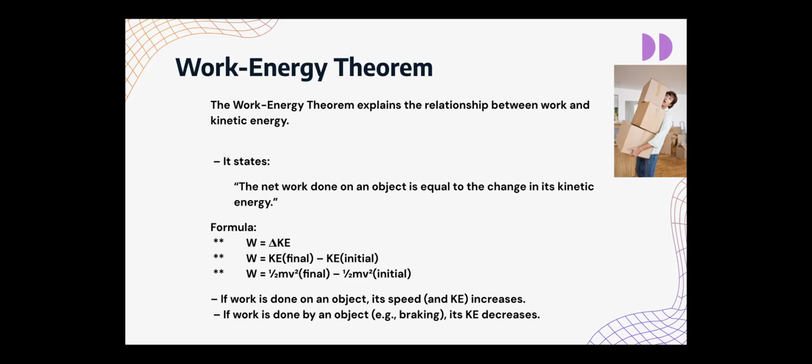Because if a ball has a final kinetic energy of 8 joules, and its initial kinetic energy was, let's say, 2 joules, right? The work done on that ball is 6 joules, correct? So if you think about it logically like that, for me at least it makes pretty good sense.